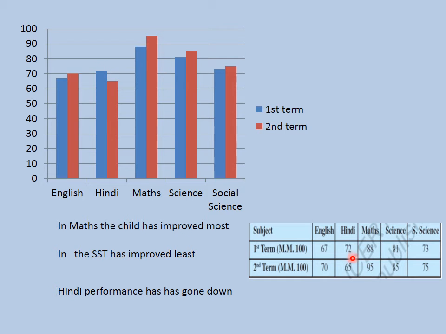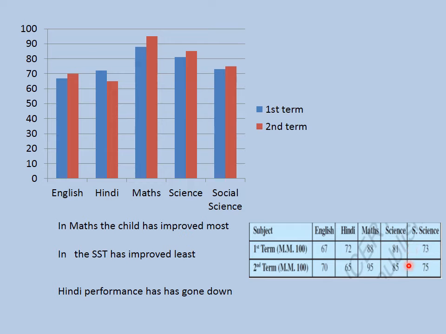Next we have Maths 88. It should be in between 80 and 90, almost approaching 90. 88, 89, 90. So it should not be 90, it is little below 90.